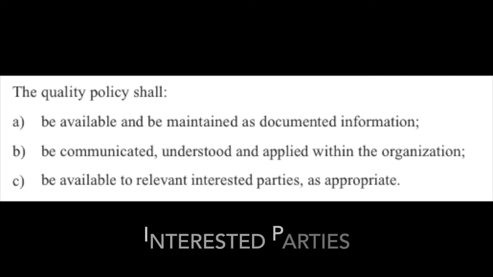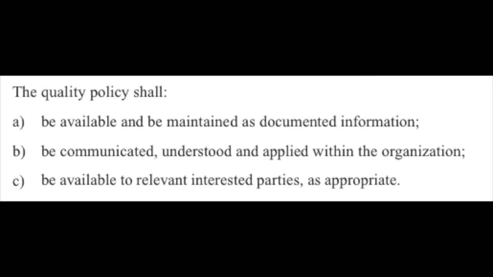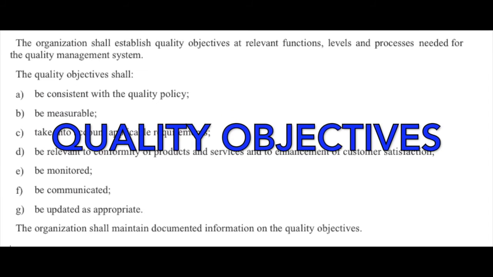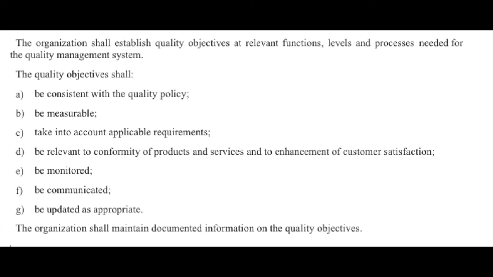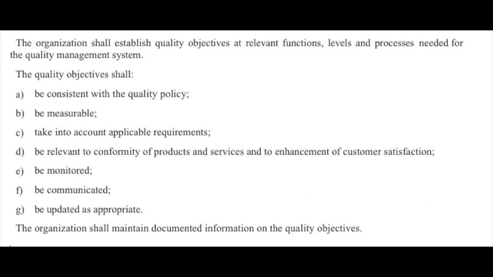Interested parties go beyond the core organization, and there should be a conscious and deliberate effort to define the interested parties and their needs and expectations. The quality objectives must be created at relevant functions, levels, and for processes as defined by the organization.